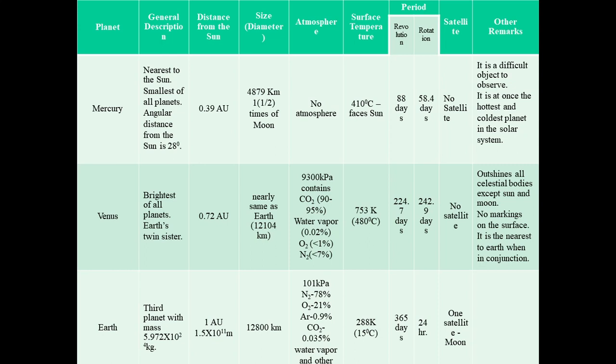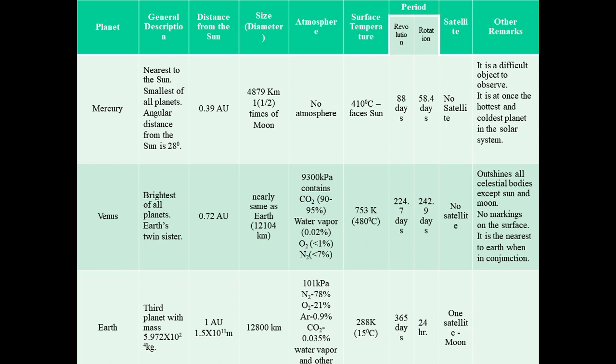Its atmospheric pressure is 9,300 kilopascals, compared with 101 kilopascals for Earth. So the atmosphere of Venus is much denser than Earth's atmosphere.